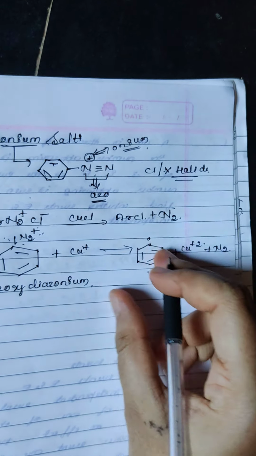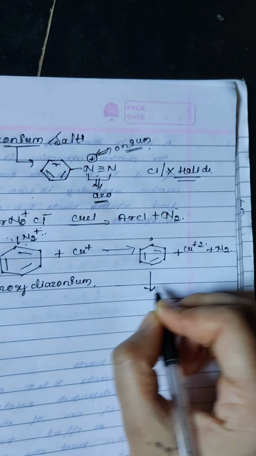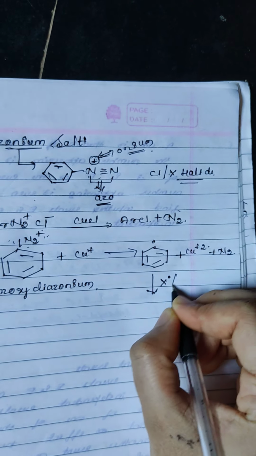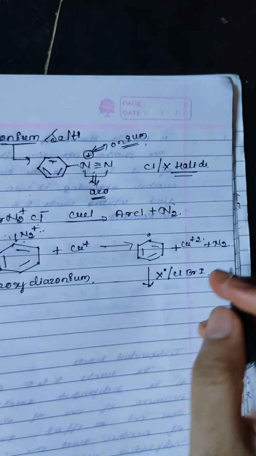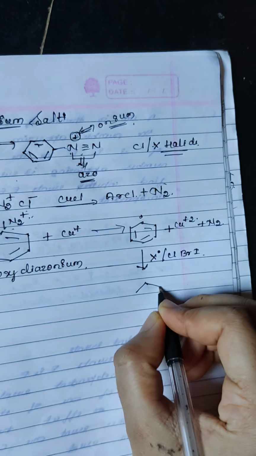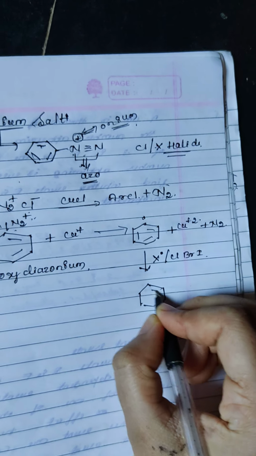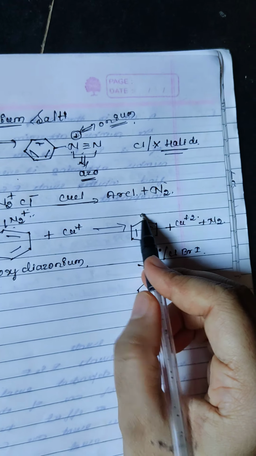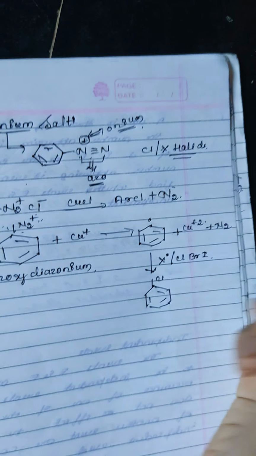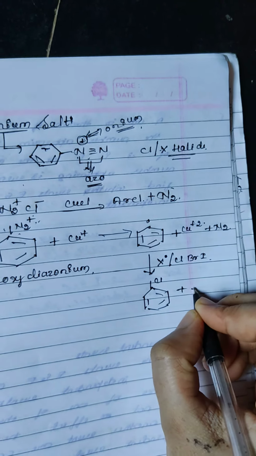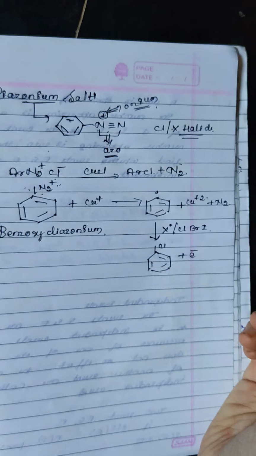Otherwise the complex is attached with any halide group, X, Cl, Br, iodine, and where the free radical is, at that side the electron will be removed.